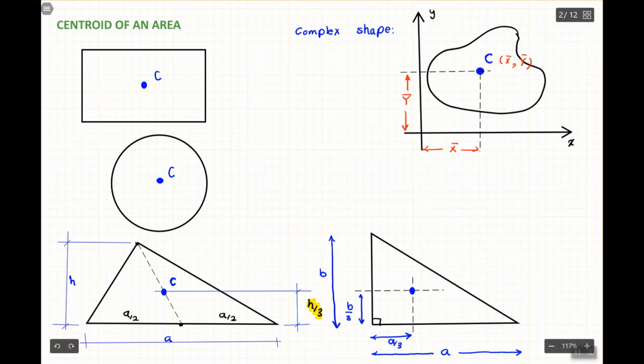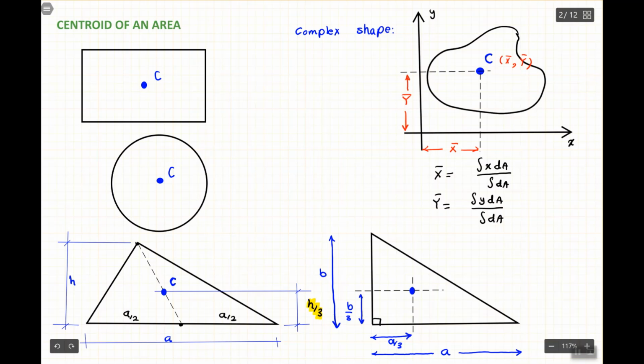So there is a general formula which says that x bar is equal to the integral of x dA divided by the integral of dA, and y bar is the integral of y dA divided by the integral of dA.